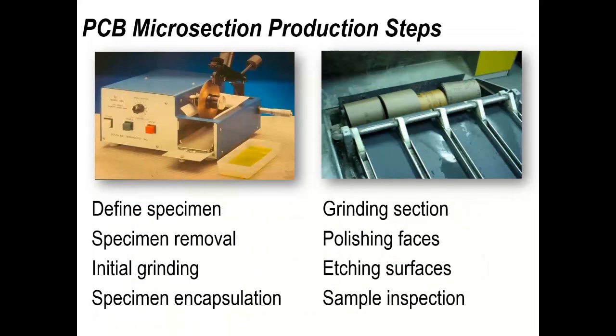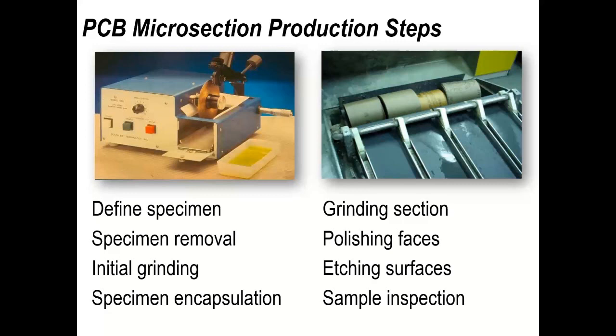So let's start to talk about our subject. Well, if you take a printed circuit board or a printed circuit board assembly, the important thing is deciding on where you want to examine. So we're defining the specimen or the area. And the key thing when you're cutting up a sample, whatever technique you use, you don't want to damage the area of interest.